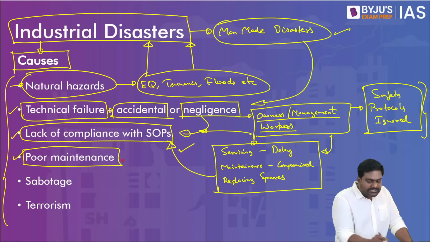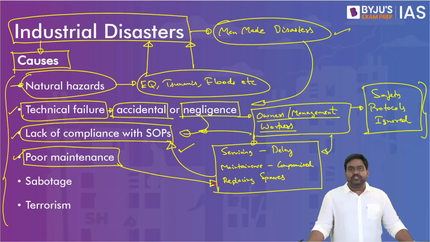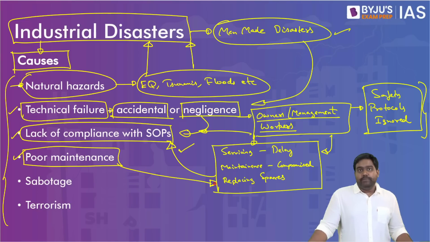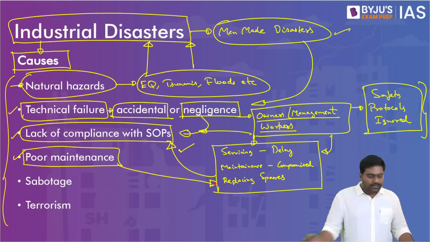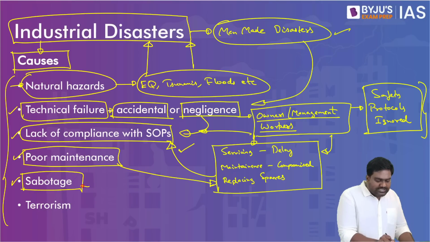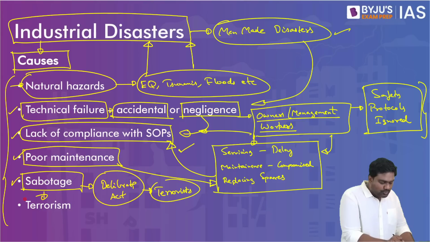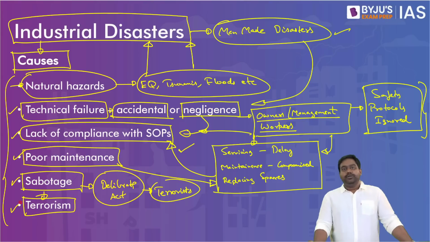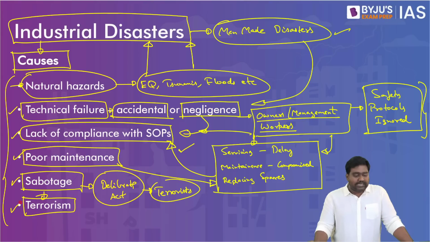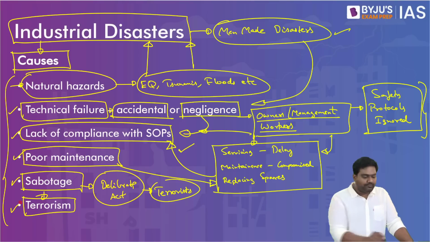So poor maintenance, servicing, the lack of replacement of the spare parts, they could cause major disasters in industries and factories. Then this could also occur due to sabotage, which is a deliberate act. Maybe terrorists could do this. Terrorists could carry out a sabotage in order to cause a bigger attack. They might target a chemical plant, a toxic industry to kill a large number of people through a terror attack. Or maybe a disgruntled employee.